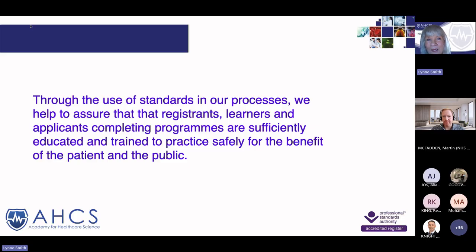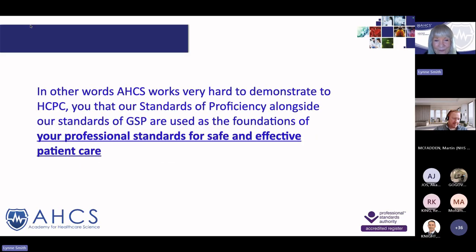So whatever your skill, whatever your specialty or modality, to go through any of our processes you have to meet our standards and the HCPC and the national standards for safe practice. And we can be assured then that we can meet the expectations of the patient and public.